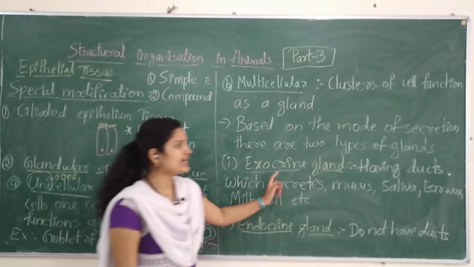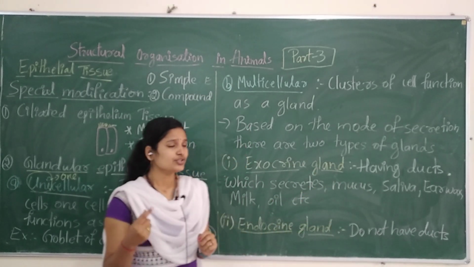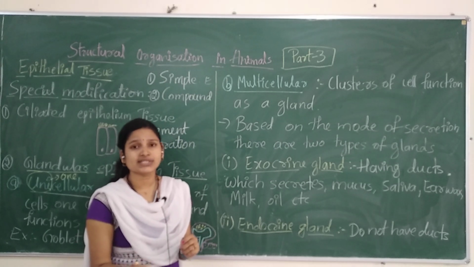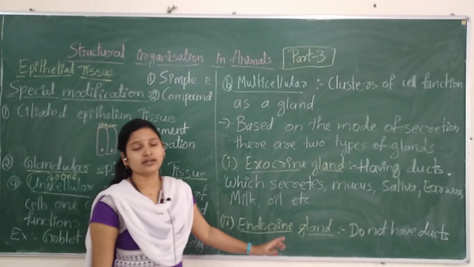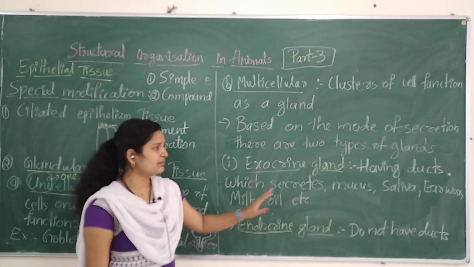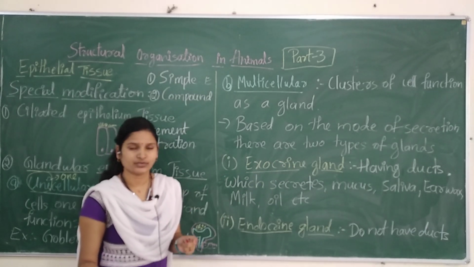So exocrine glands have ducts or a specific passage. These glands secrete your earwax, sweat, milk and mucus, through a specific path.